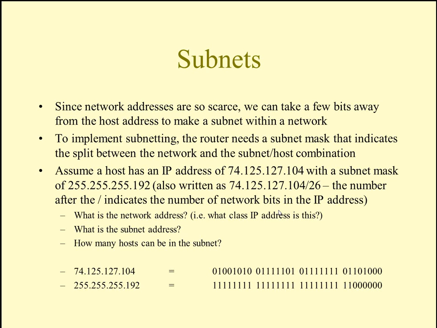So subnetting allows us to take a network address and take the host bits from it. Or sorry, let me say that again. It allows us to have an IP address that has a network address portion of it, but then instead of having the entire number of host bits dedicated to hosts, we can take some of the host bits away and dedicate that to what's known as a subnet, which is a subnetwork.